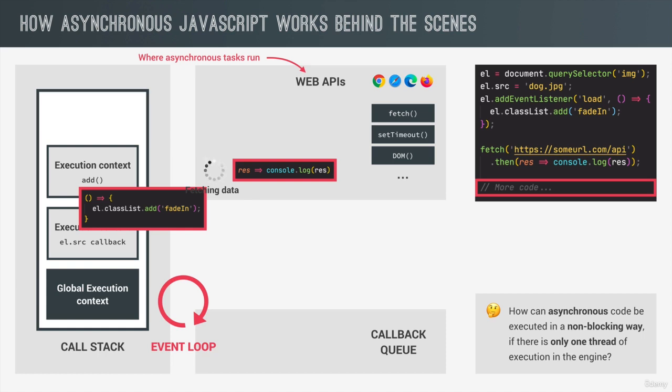So each time the event loop takes a callback from the callback queue, we say that there was an event loop tick. As we can see here, the event loop has the extremely important task of doing coordination between the call stack and the callbacks in the callback queue. So the event loop is basically who decides exactly when each callback is executed. We can also say that the event loop does the orchestration of this entire JavaScript runtime.